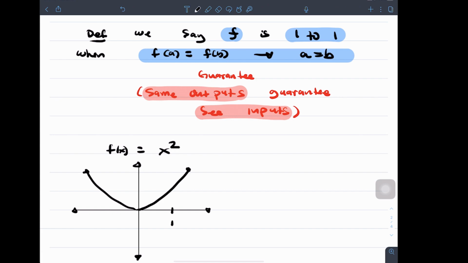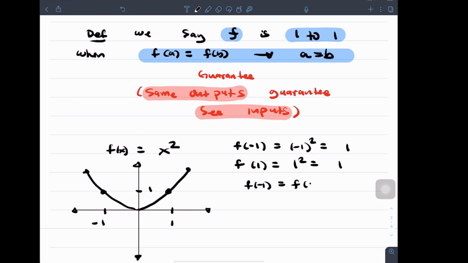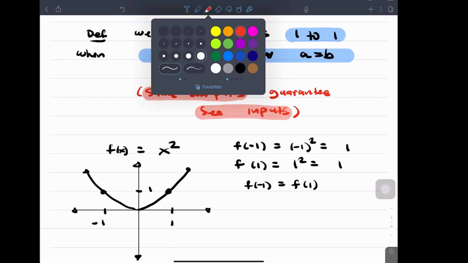Well, it's very simple. See this picture? F of negative 1 is negative 1 squared, which is positive 1. F of 1 is positive 1 squared, which is positive 1. Okay, you guys with me on that? So you might say, what does this say? Well, f of negative 1 does equal f of 1 because they're both 1.